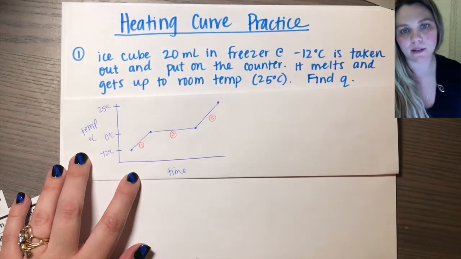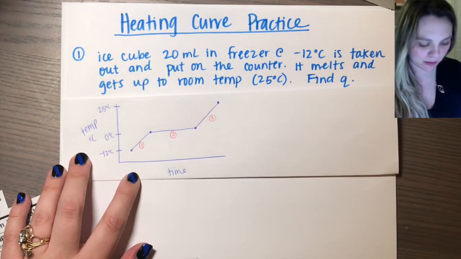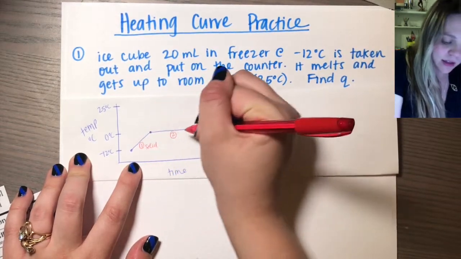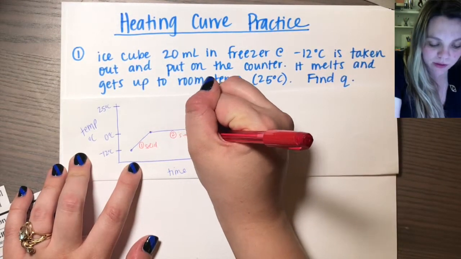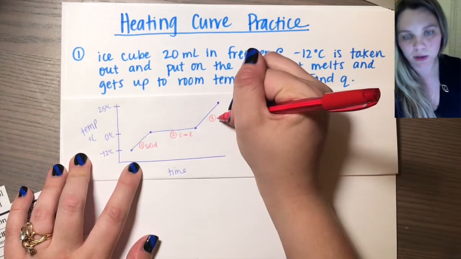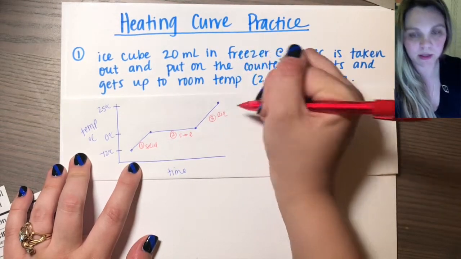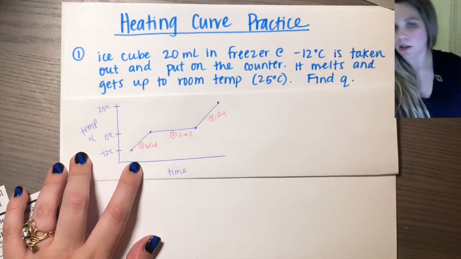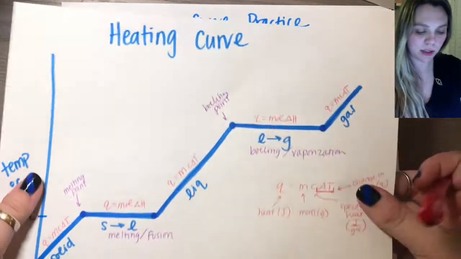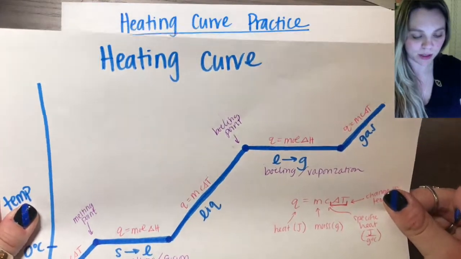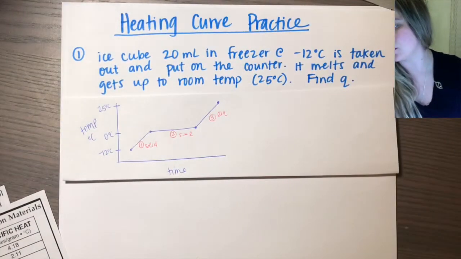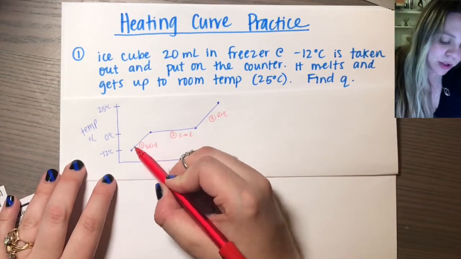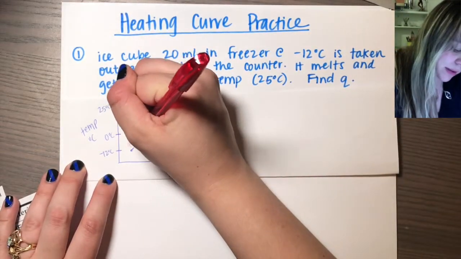More calculating than we would like sometimes, okay? So during part 1, everything is a solid. During part 2, I'm going from a solid to a liquid. During part 3, everything is just a liquid. And if you remember which equations to use for which parts of the graph: anytime there's an actual change in temperature, I'm going to use Q equals mcΔT.